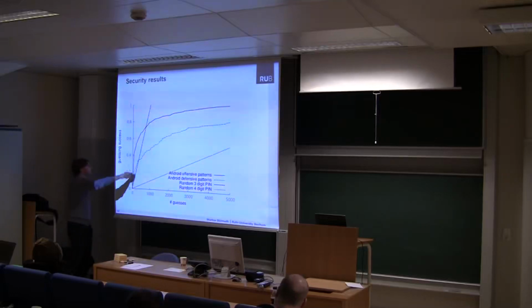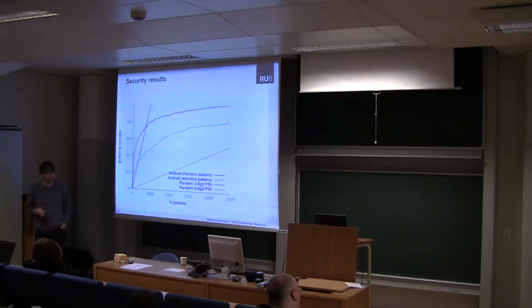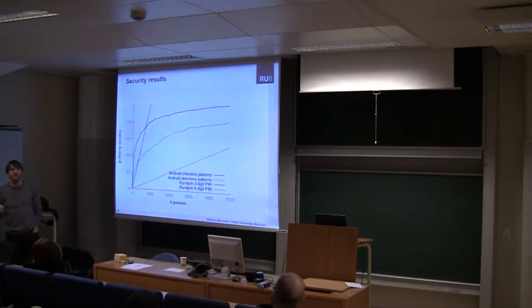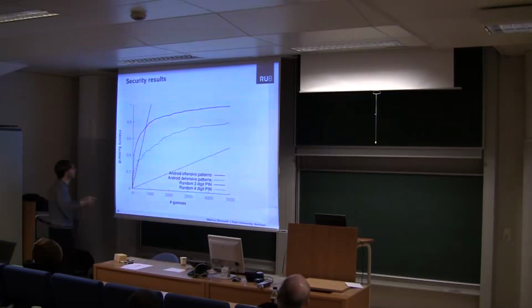Why we're showing those lines here is for reference, because 4-digit randomly chosen pins are typically used for locking a SIM card, often for your banking cards. Now the banks are allowing user-chosen pins as well, but that's a bad idea. It seems that 4-digit pins are accepted as a reasonable security measure against online guessing attacks.